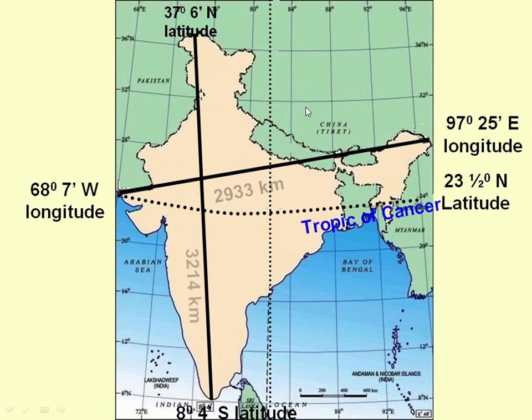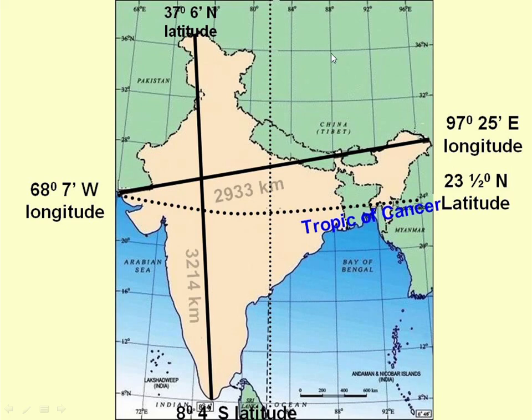Suppose 82 degrees 30 minutes east. How far are we ahead of Greenwich Meridian time? So 82 degrees 30 minutes into 4. 30 minutes means 0.5, so please calculate 82.5 into 4. How much? That is 330 minutes.